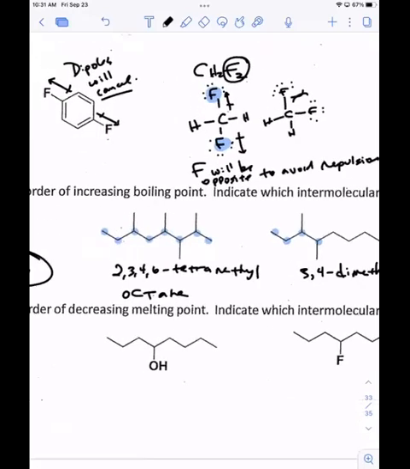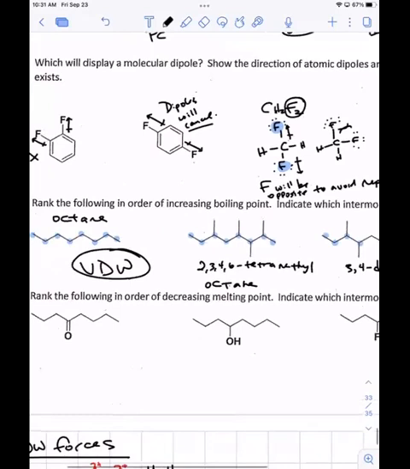Anybody got this one yet? Octane, the boiling point. 258.1.